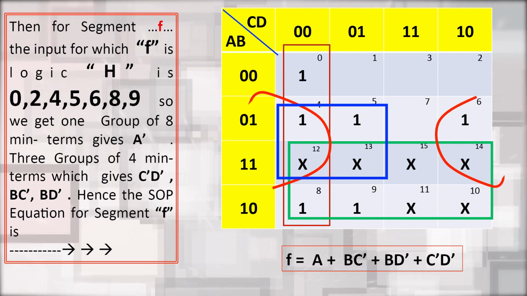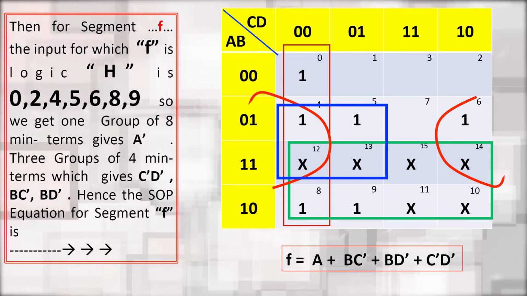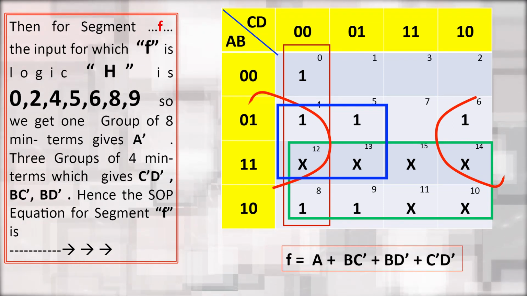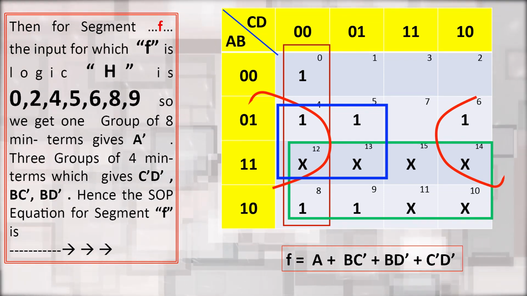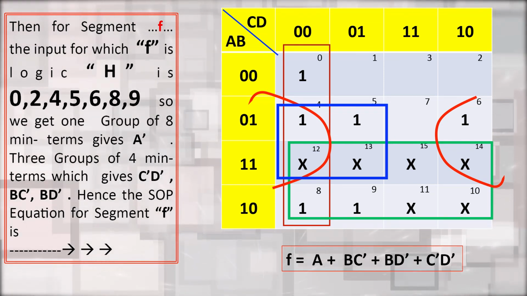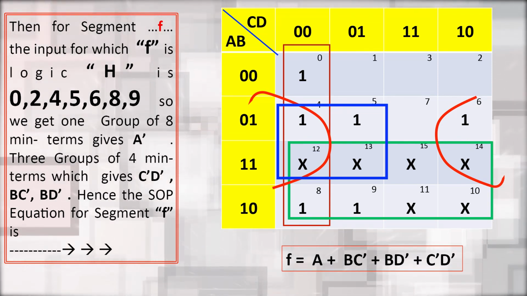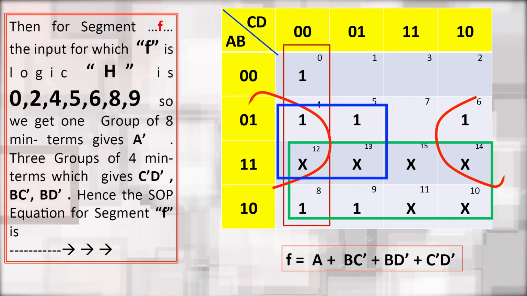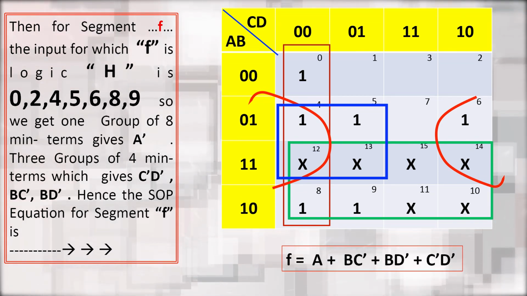Hence, the SOP equation for segment F is F equal to A bar plus C bar D bar plus B C bar plus B D bar.